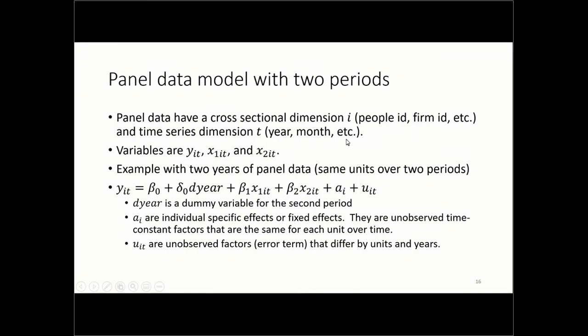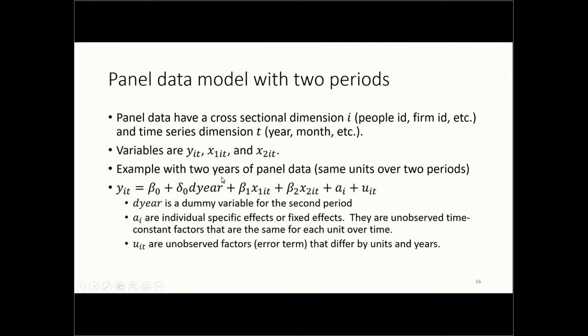And here the variables are y_it, x1_it, and x2_it. Notice that we would be tracking the i and the t dimension from now on, because we again have panel data where both the i dimension and the t dimension become important.